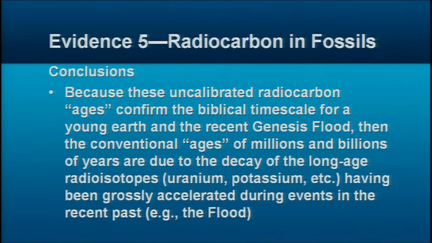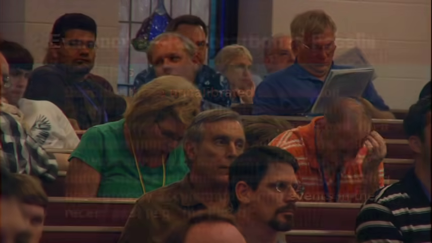Well, we can conclude that because these uncalibrated radiocarbon ages confirm the biblical timescale for a young earth in the recent flood, then the conventional ages of millions and billions of years derived from the long ages of decay of the uranium and the potassium and the rubidium, etc., must have been grossly accelerated if the radiocarbon has given us a closer estimate compared to the biblical timescale. So again, we have a 5th line of evidence of accelerated nuclear decay during the flood.